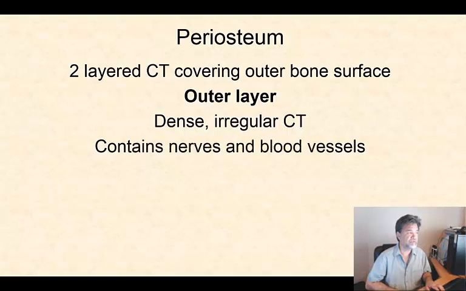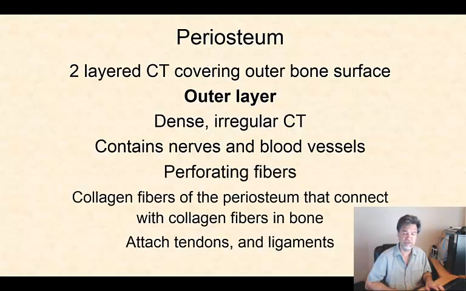properly with our bones. So this dense outer layer provides a nice matting for the pathway of the blood vessels and nerves that are going to infiltrate into bones, and also perforating fibers. These fibers are critical for attachment of tendons from muscles to the bones. And if you've ever torn a tendon, you've got to know how incredibly painful that is.